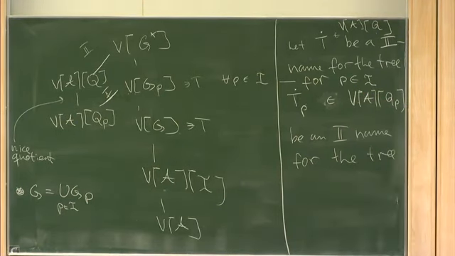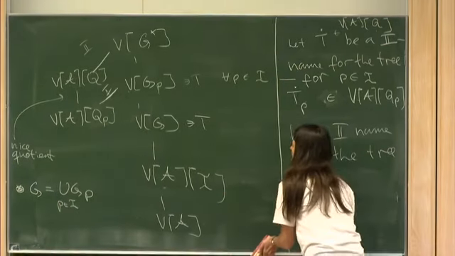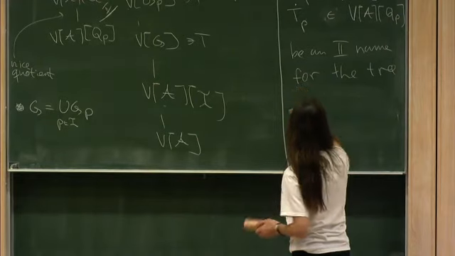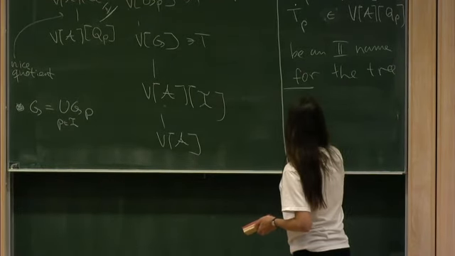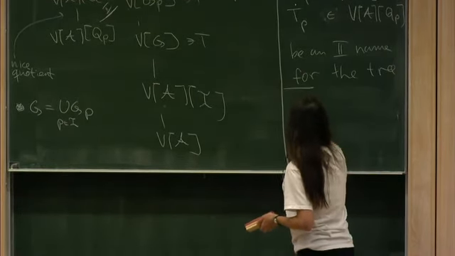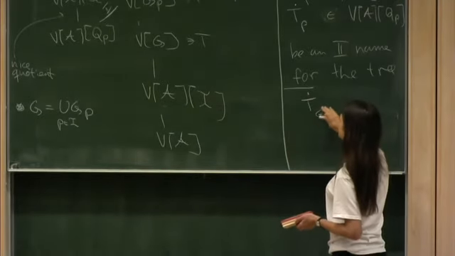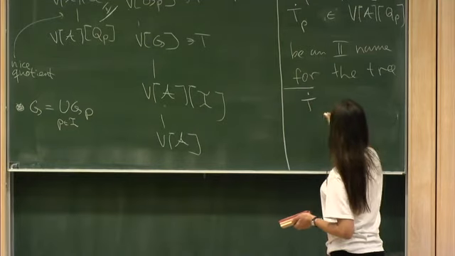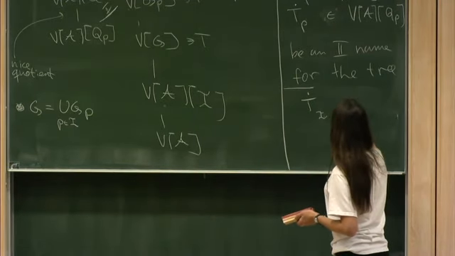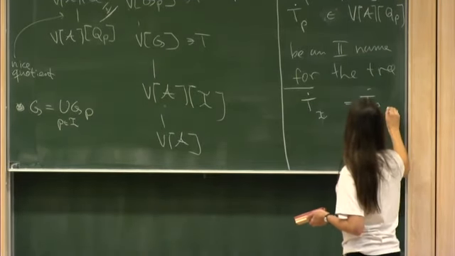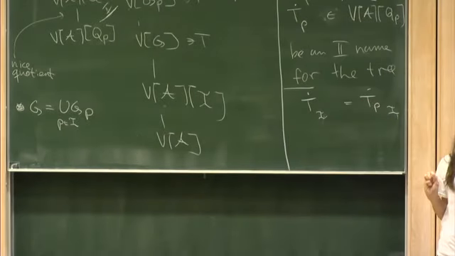Okay. And okay, but, well, I'm going to write this. So in particular, T dot of I will equal T dot P sub I, which is what I want to say.